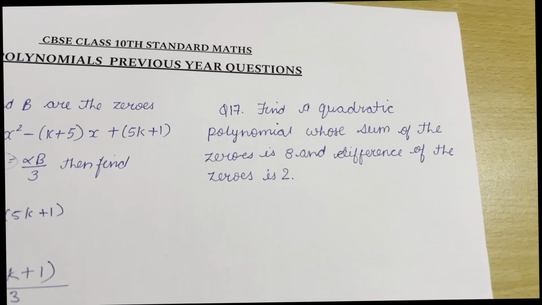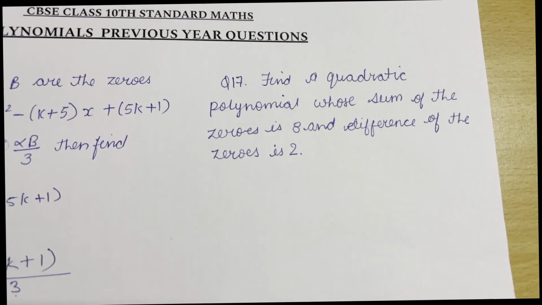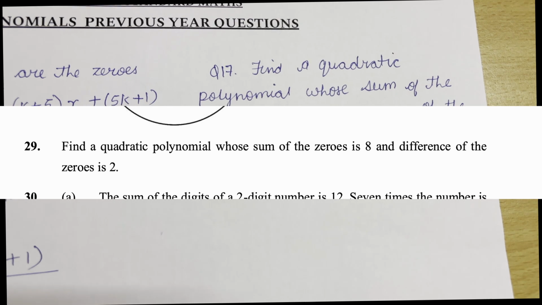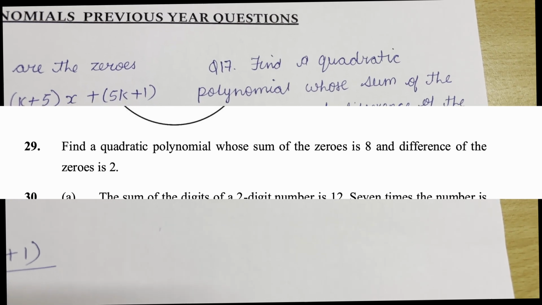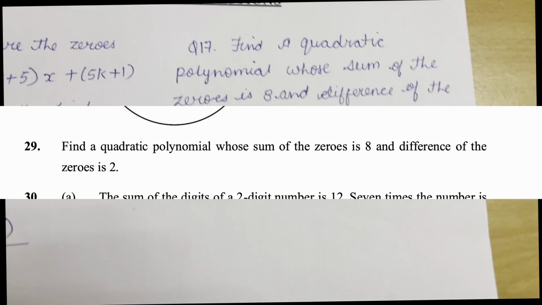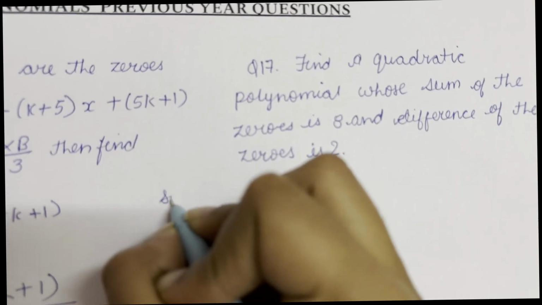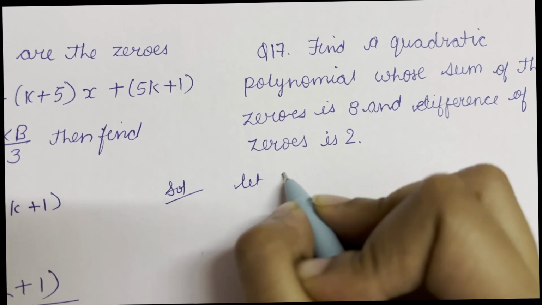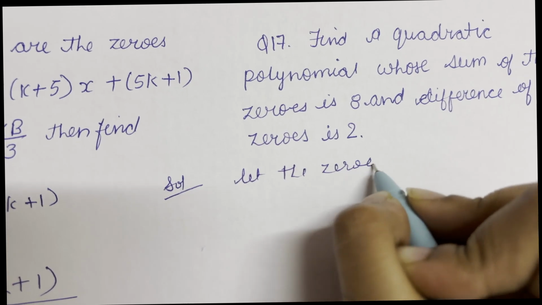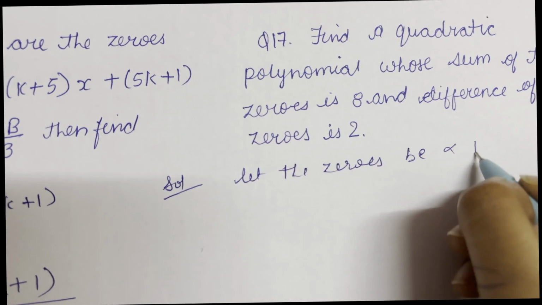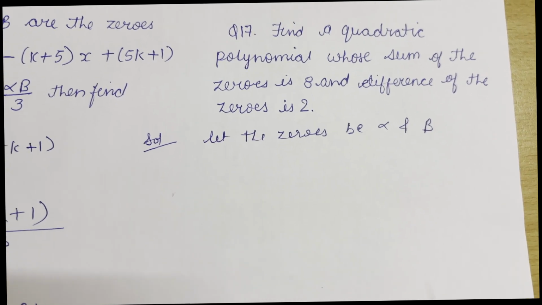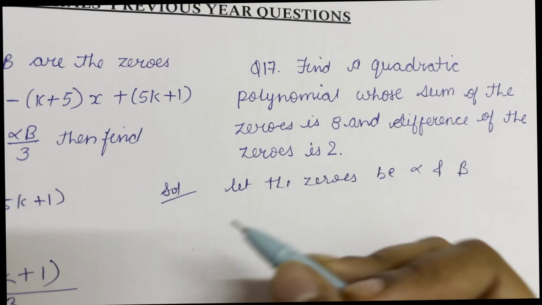Okay, let's continue with another question. It is also a 3-marker question. Find a quadratic polynomial whose sum of the zeros is 8 and the difference of the zeros is 2. So first of all, let the zeros be alpha and beta, as we have been assuming from the start of the chapter.